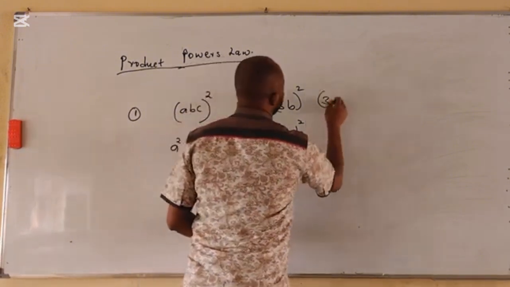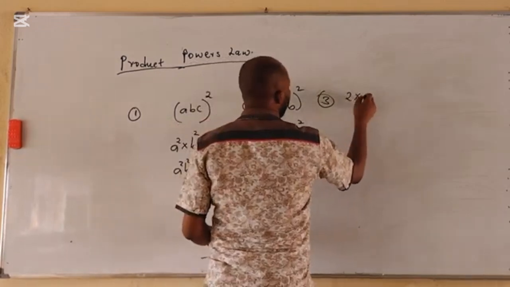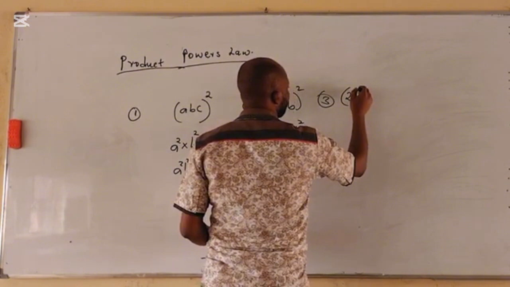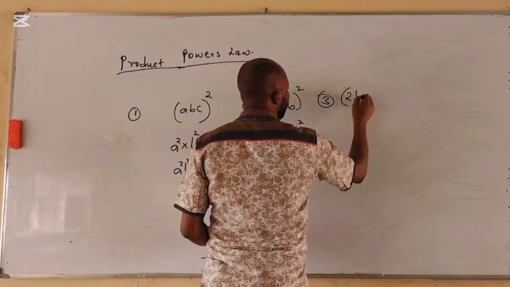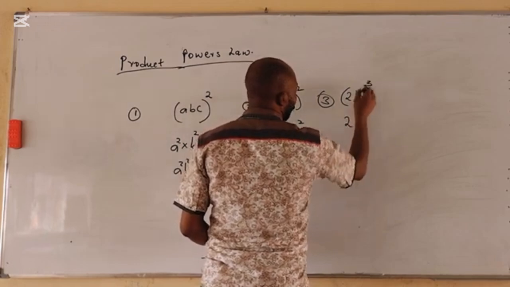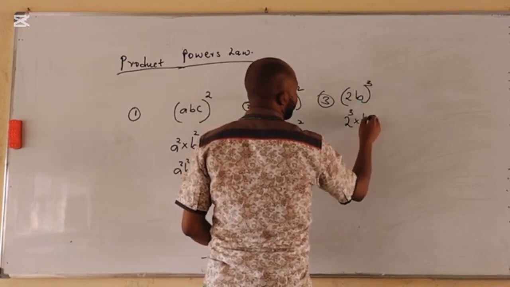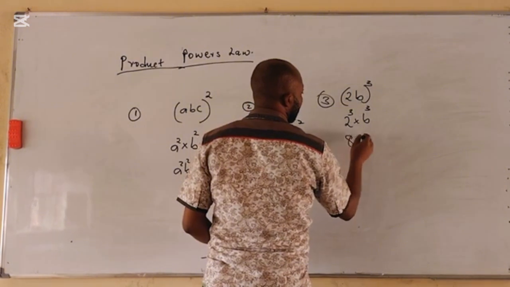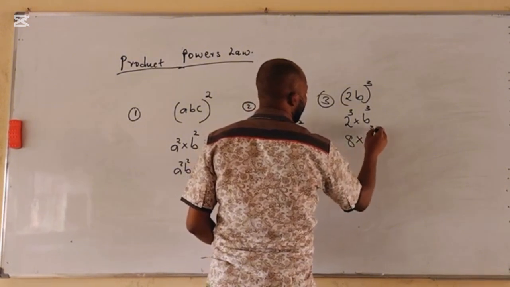Another example: 2b raised to the power 3. This is 2 raised to the power 3 times b raised to the power 3. 2 raised to the power 3 is 8, times b raised to the power 3.